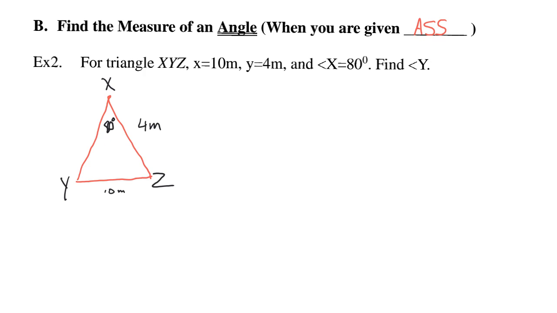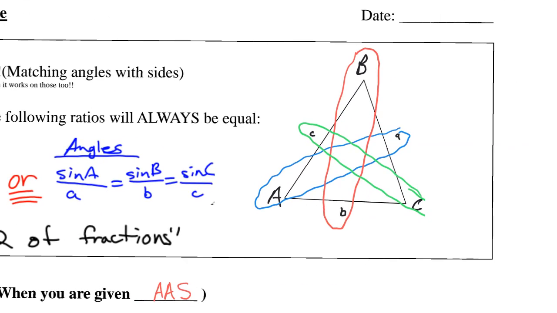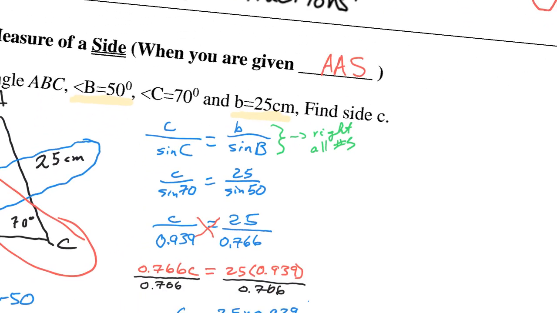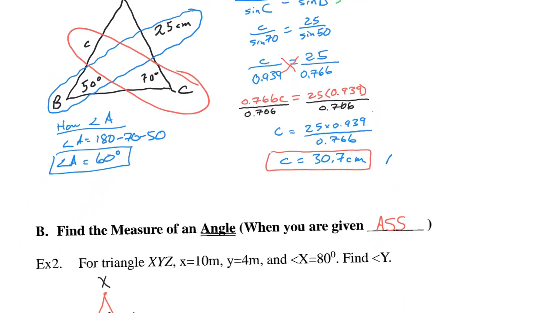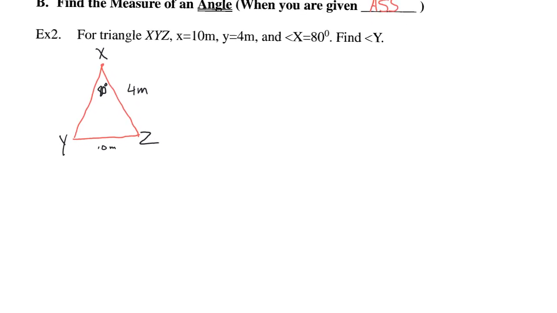Remember, when we had our equations, if we're looking for angles, we always start with this one: sine of the angle over the side equals sine of the something over the something. Now, let's go back to our problem. All right, so for example 2, what are we looking for?